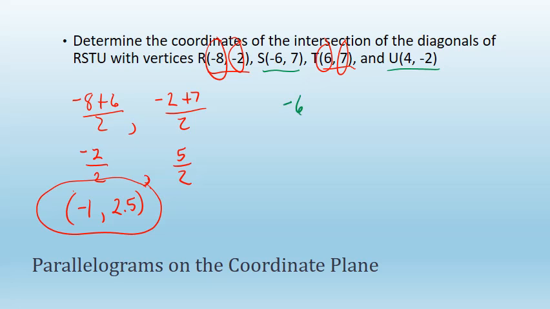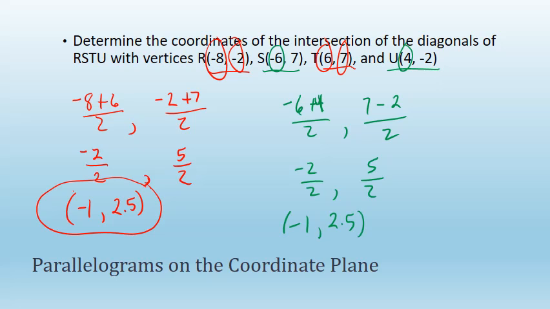I've got -6 plus 4 over 2, using that x coordinate, comma, and then for my y coordinate, 7 plus -2 over 2. Let's see, -6 plus 4 gives me -2 over 2. 7 minus 2 gives me 5 over 2. And Shazam, I get the same coordinate, (-1, 2.5).